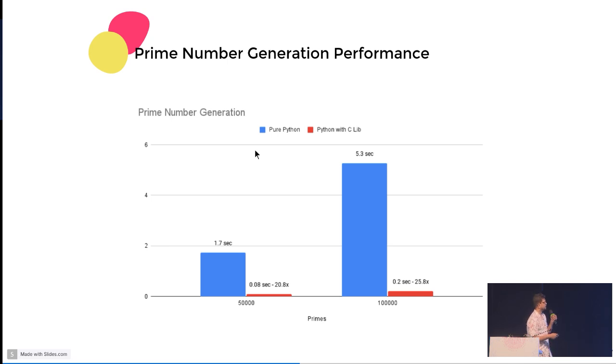You can see pure Python is very slow in terms of computation, while Python with the C library is very fast, giving on average 22x speed compared to the pure Python implementation. So if you interface with C, you can get good performance.